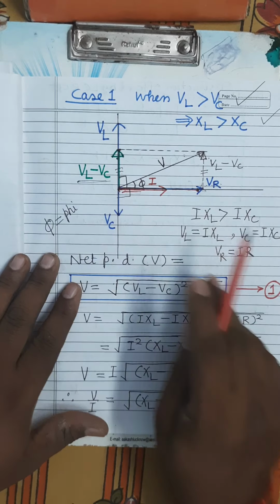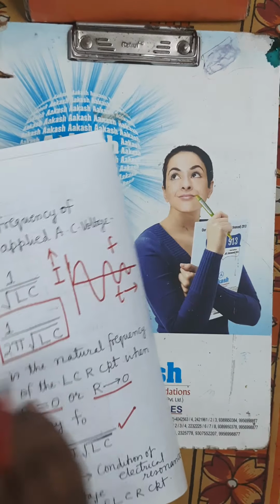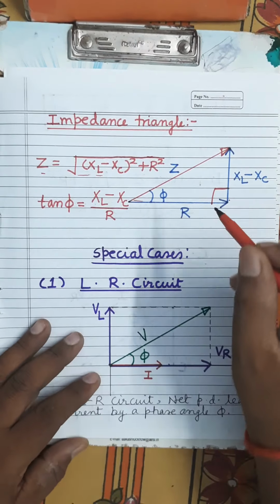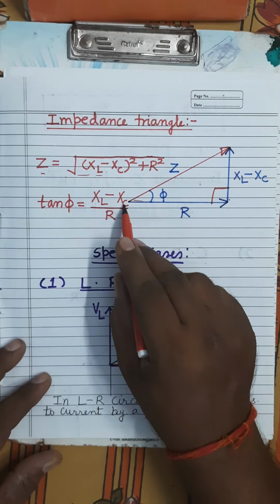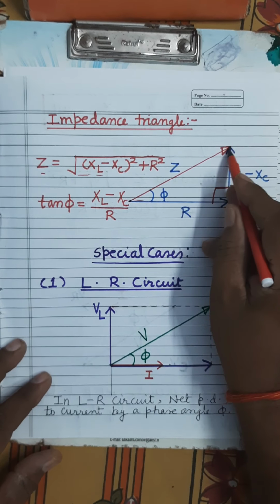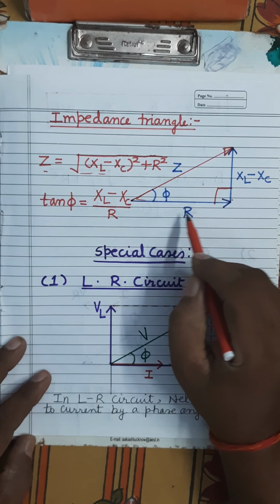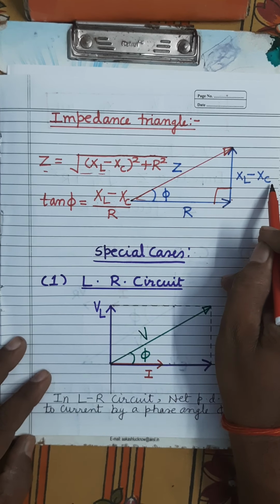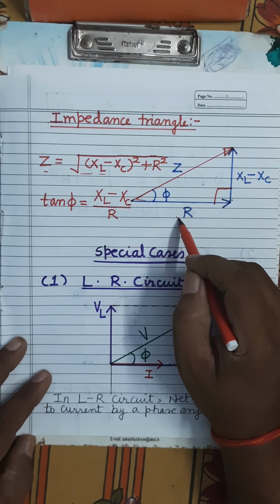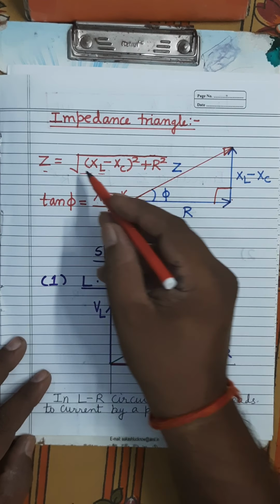When you join this, this will be the hypotenuse, given by square root of XL minus XC whole square plus R square, which is the impedance.